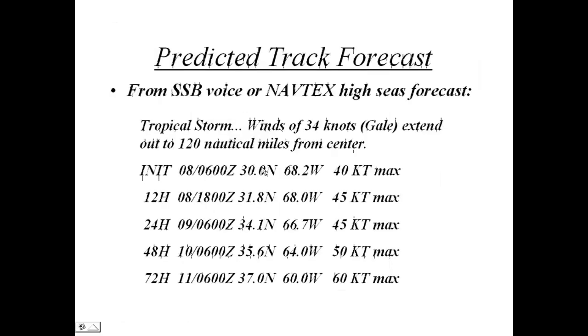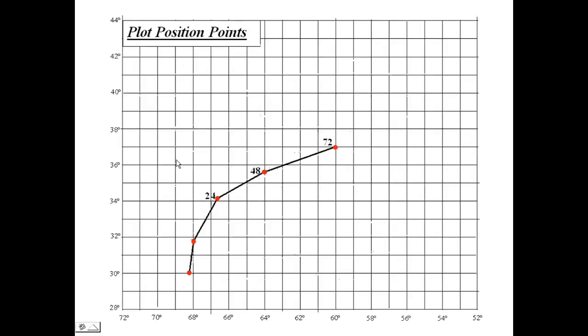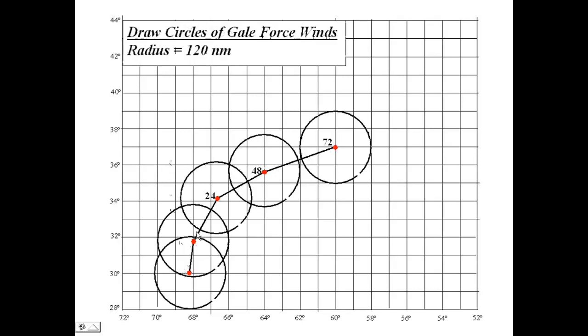Now you recall that from this it said the gale force conditions extend out 120 miles from the center. So we'll take 120 miles and draw circles of 120-mile radius around these points. And I've drawn those in here.